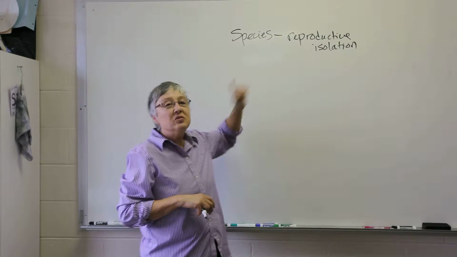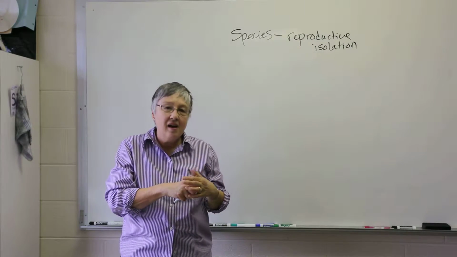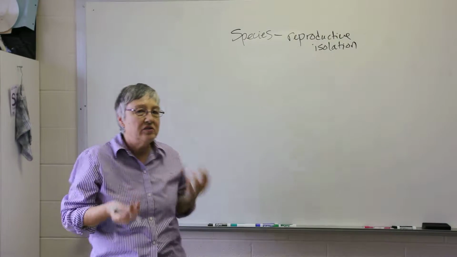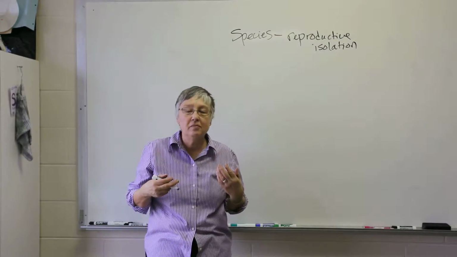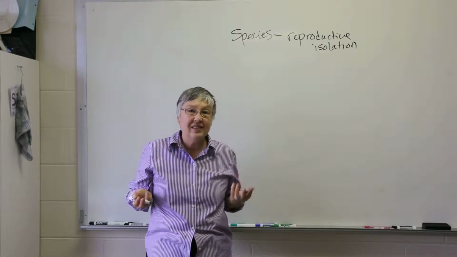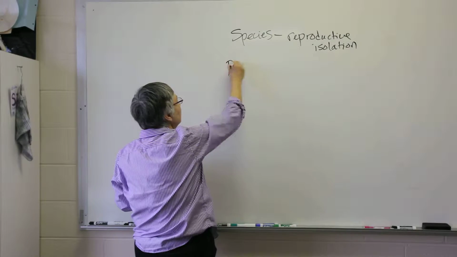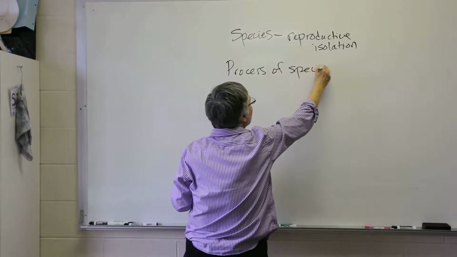But what I want to do now is to go back a step and ask, how did those barriers appear? In other words, how did they become reproductively different or reproductively isolated? And we call that the process of speciation.